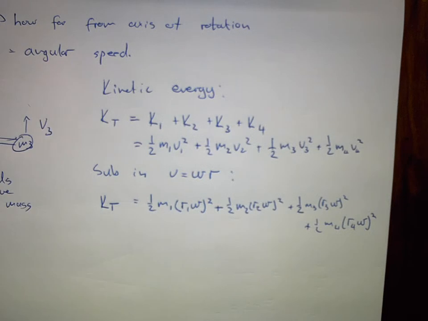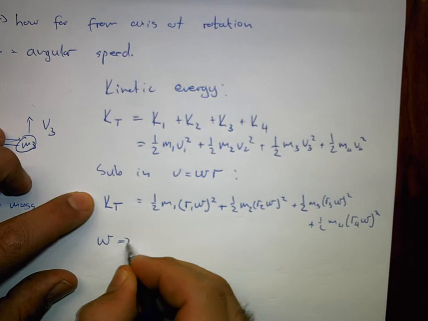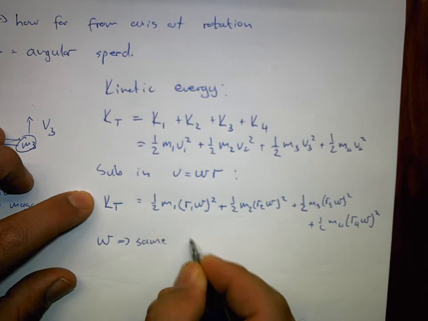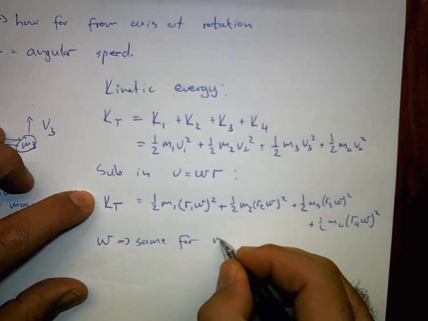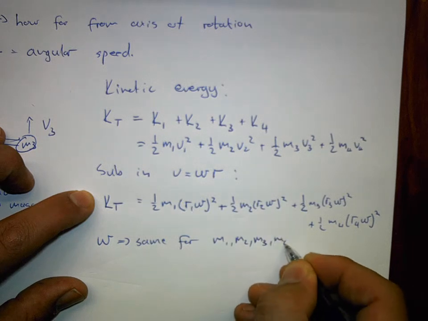The reason I'm doing this is I know omega is the same for m1, m2, m3, m4, because what is omega?